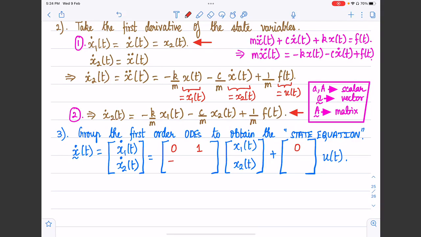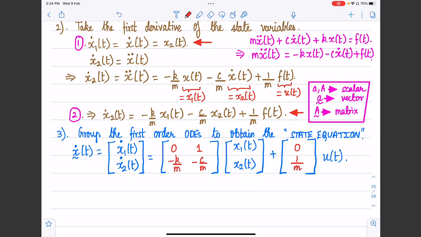So what will happen? I have minus k by m multiplying x1, minus c by m multiplying x2, and 1 by m multiplying the input u, which is f of t, right? If I write like this, you can immediately observe that we get the same second equation, right? So that's what we have.